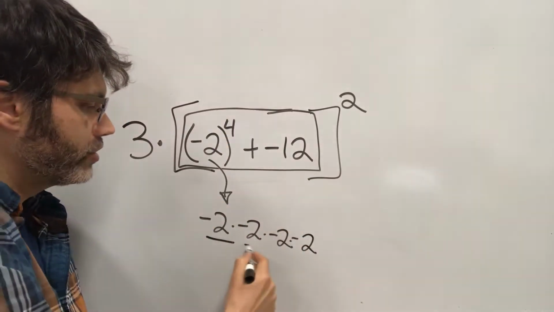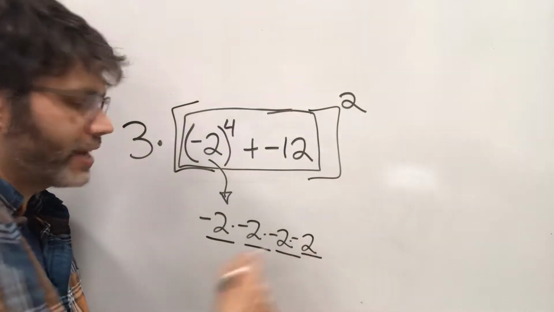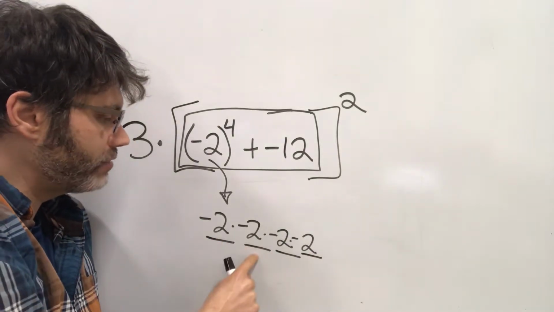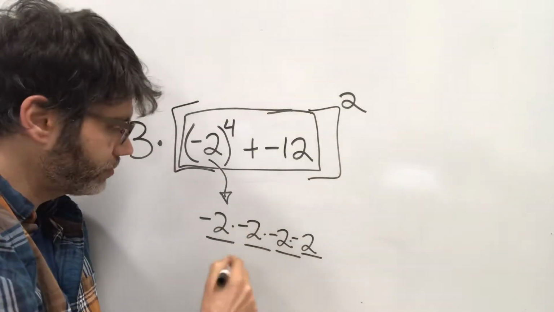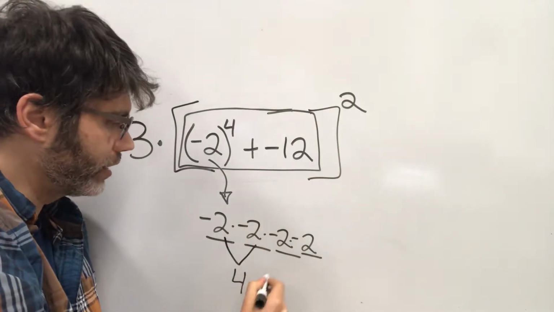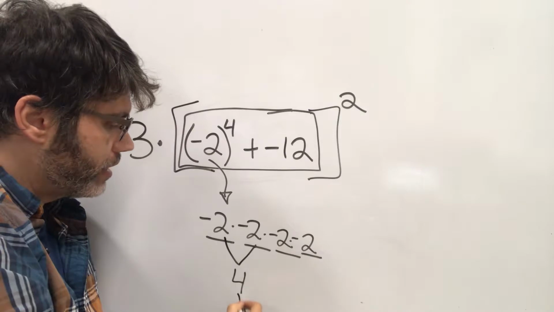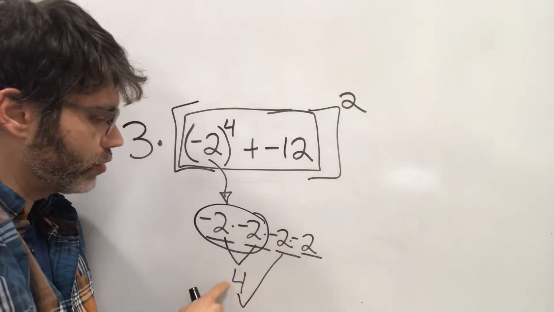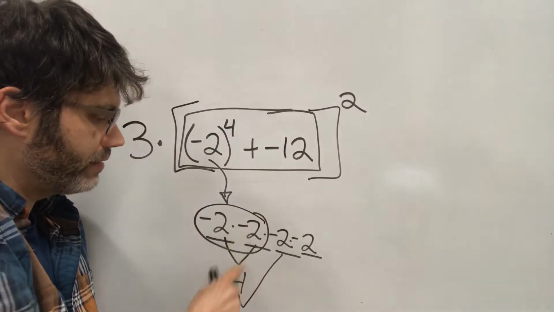So it's 1, 2, 3, 4 times, okay? So let's just go step by step. Negative 2 times negative 2 is a positive 4. So this turns into a positive 4. Here, we're going to multiply 4. So this whole thing is equal to a positive 4. Negative times negative is a positive.